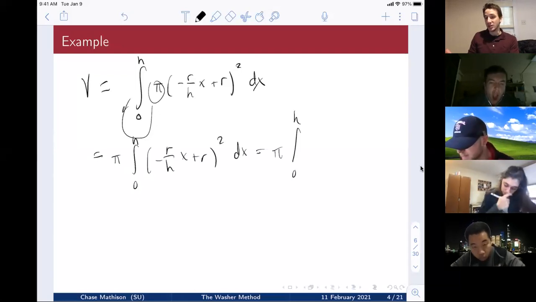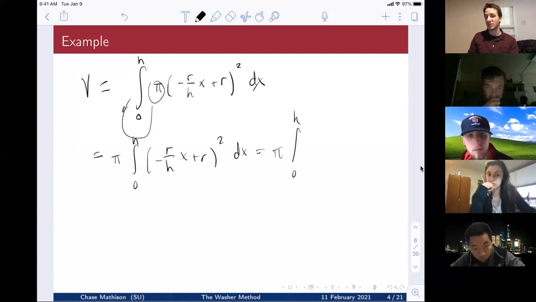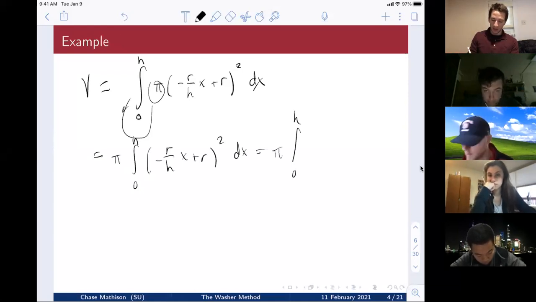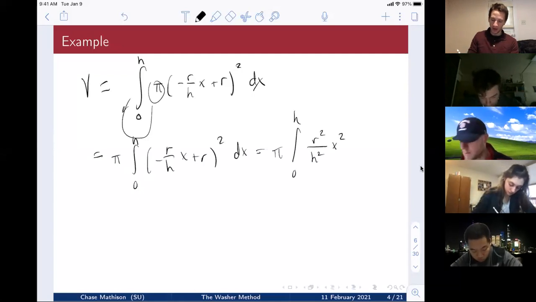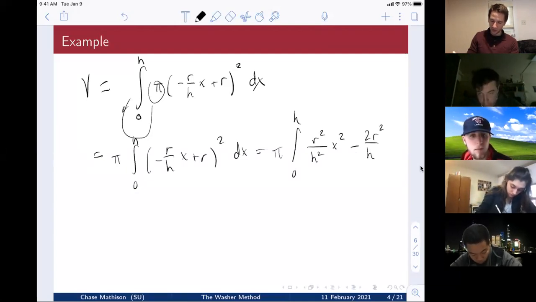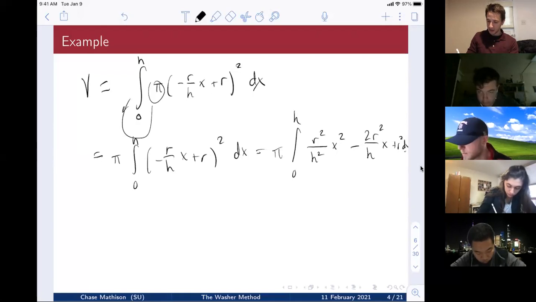If you want to use a u substitution, you could do that as well. Either way, but I'm just going to square everything. So I'm going to get r squared over h squared times x squared minus 2r squared over h x plus r squared dx.